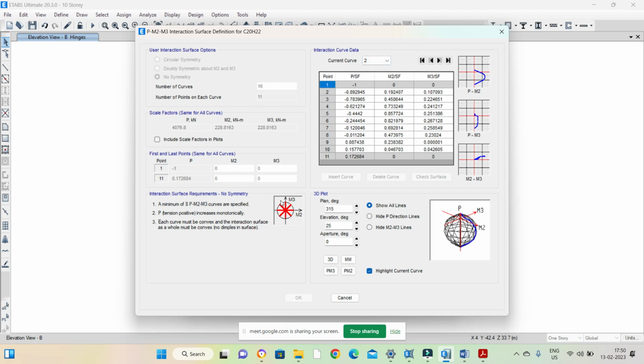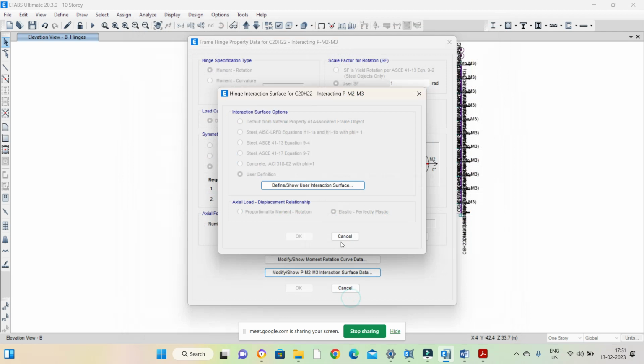You can see at what angle this PM interaction curve is plotted: 0 degree, then 45, 90, 135, 180, like this up to 360. So for a particular angle, the PM interaction curves are given. These things you can explore.